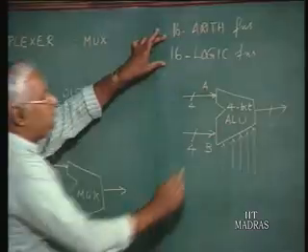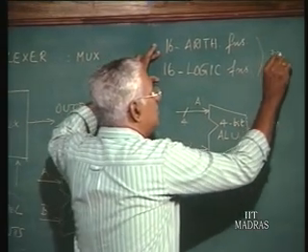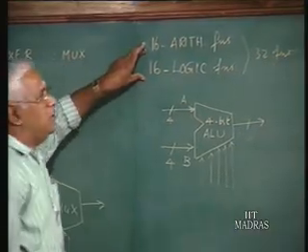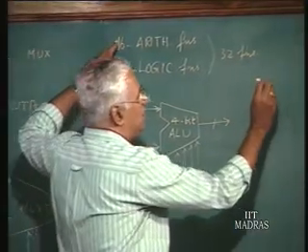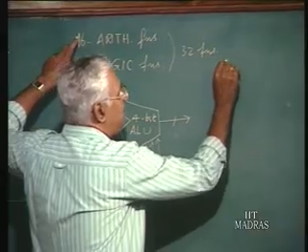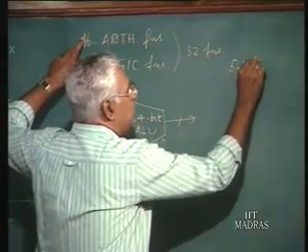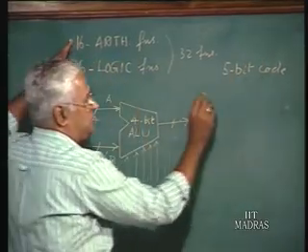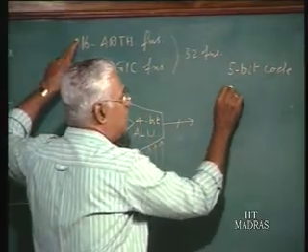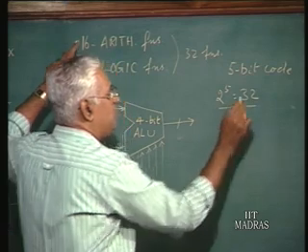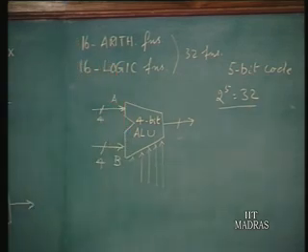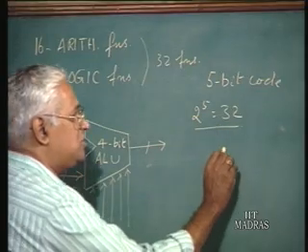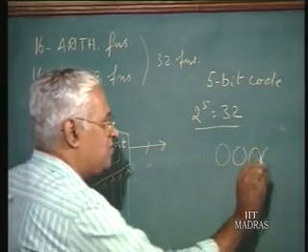Because we have 32 functions in total, if we have a binary code, then we need a 5-bit code, mainly because 2 to the power 5 corresponds to 32. So, a 5-bit code will uniquely represent which of the functions.